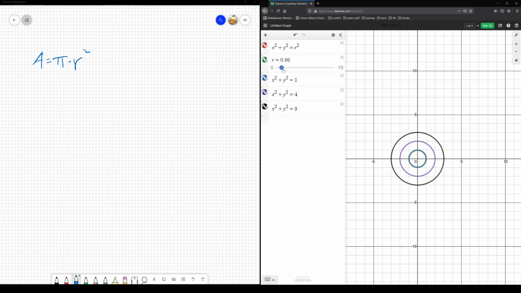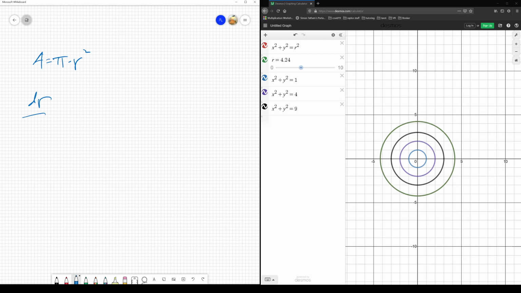Imagine, if you would, that the radius of the circle is increasing at a constant rate. I want to see how the area is changing. So let's say dr/dt is, I don't know, 5 meters per second.